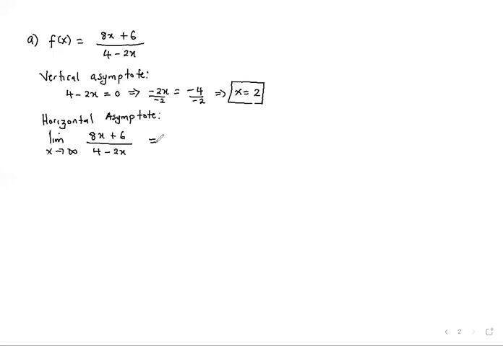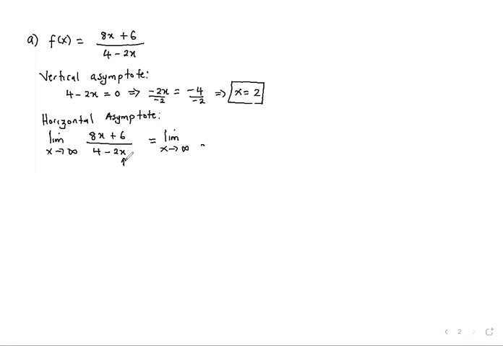You say, okay, this is the limit as x goes to infinity, and then you factor out x, the highest degree of x that is in the denominator. You don't go to the numerator, you go to the denominator and look for the highest degree of x. In this case, the highest degree of x is x to the power 1.